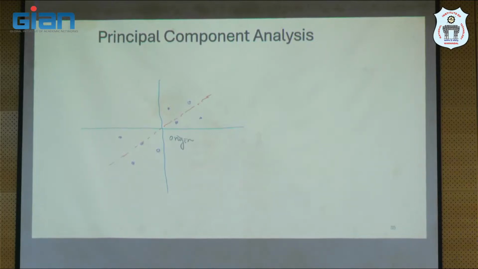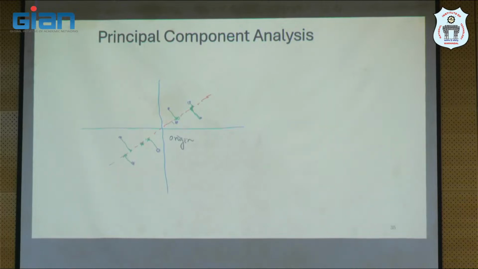What we are saying is, once we have a line passing through the origin that represents the given data points, each of the data points will be modified and its projection on the line. So there will be a projection of each of these data points onto this red line, and these projected values will be considered as the new data points.